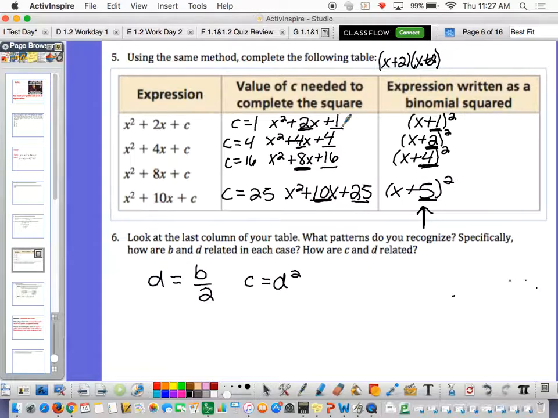All right, so if we use substitution, D is B over 2, so if we plug that in there, then your C value can always be found by taking B over 2, because that's D, right? We determined that, squared. So if you ever need to find a C value, you don't know what a C value is, you're going to take B, divide it by 2, and then square it. Okay? Now for those of you who are like, that's magic, just memorize it and move on with life. Okay? C is B over 2 squared.